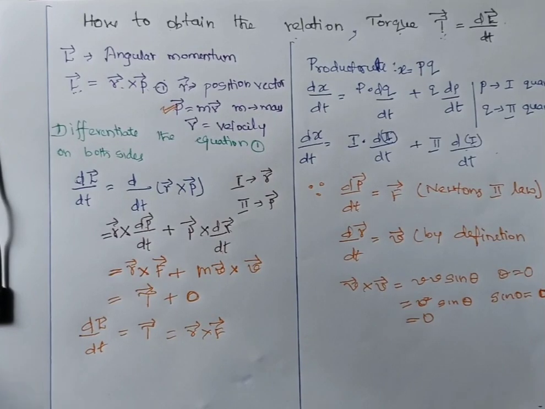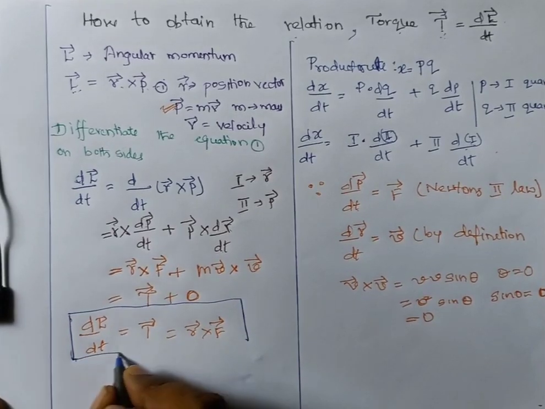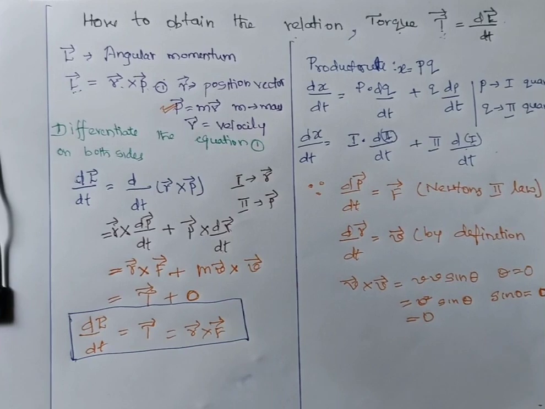Now we can immediately understand this is the relation between the angular momentum vector and the torque tau. Got it?